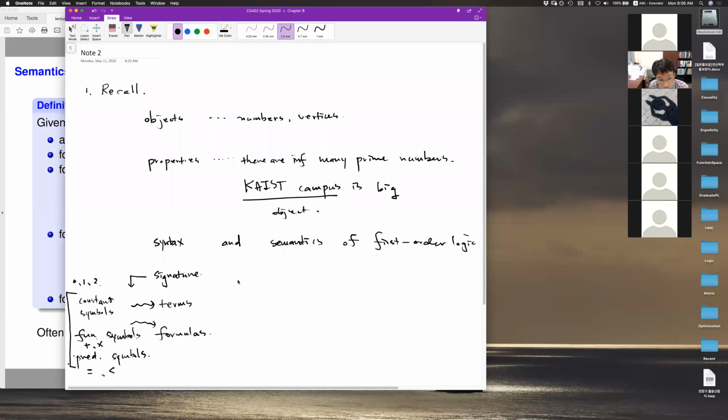And then we said, just like there are three things in the syntax, we have three things on the semantic side. On the semantic side, we have something called a structure that essentially provides the interpretation of the signature. So you can view a structure as the meaning of a signature. Once we have a structure A, where the signature is often written as sigma, that structure induces the semantics, or interpretation, of terms.